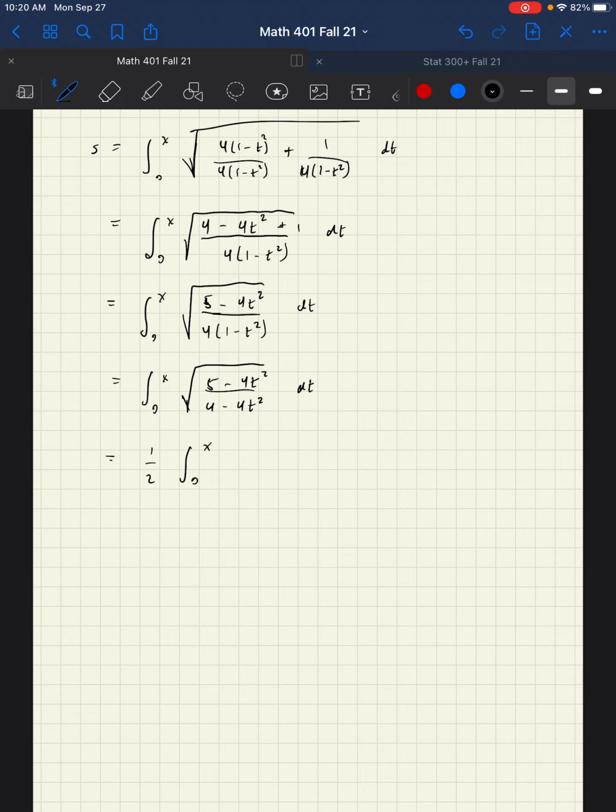We would get the exact same thing that we started with. That said, maybe we can pull out the 4 from the denominator as a 1/2. So equals 1/2 the integral from 0 to x of the square root of 1 minus t squared over 5 minus 4t squared dt.